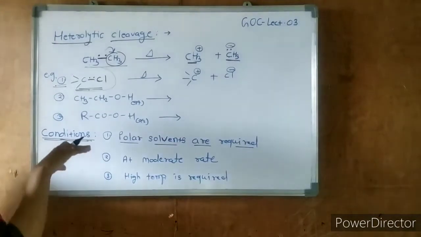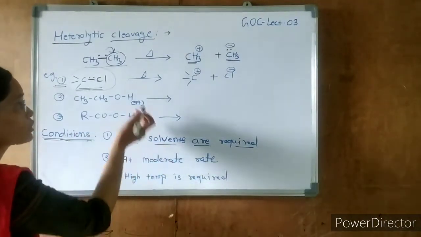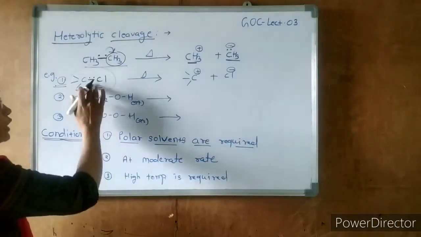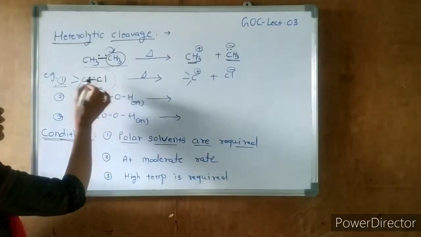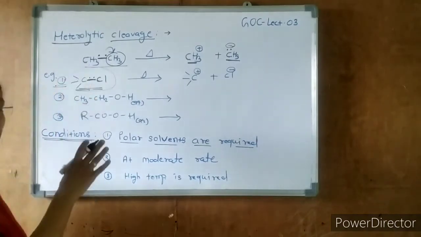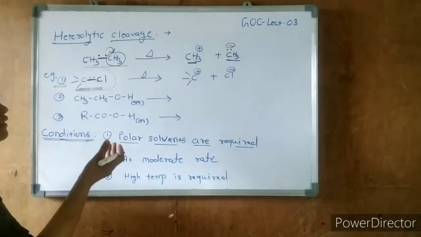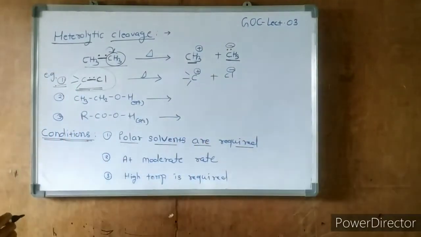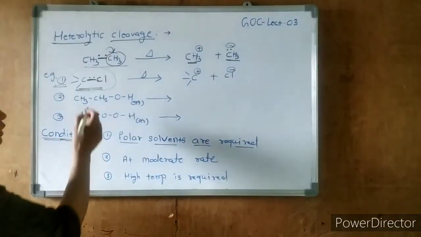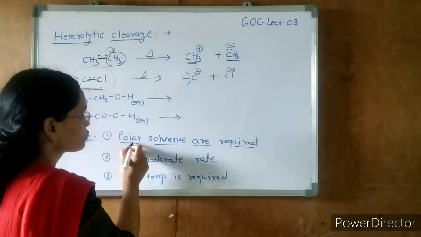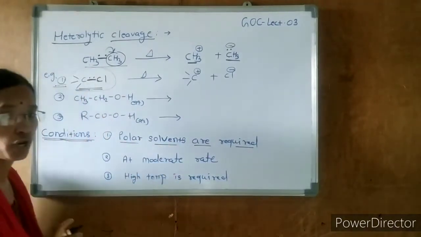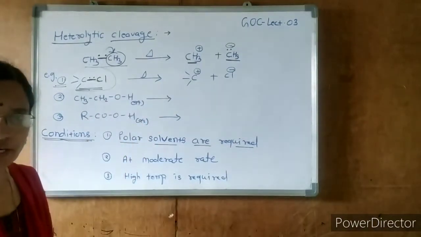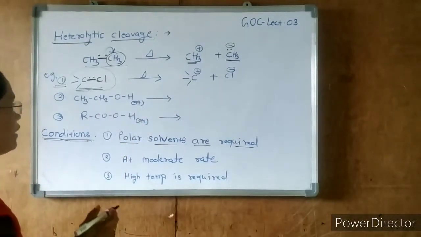It is already polar, and if we add polar solvents to this, it will become more polar. The bond becomes polar, and the molecule becomes polar, and positive and negative charges automatically develop if the bond becomes polar. So the reactions are favored in the presence of polar solvents. Polar solvents are required so that we get the carbocation and carbanion ions, etc.